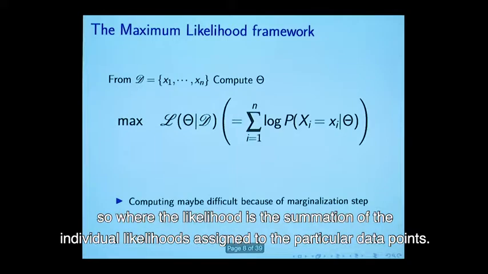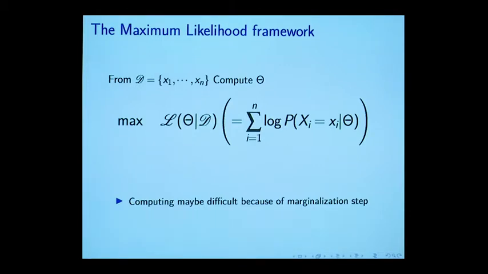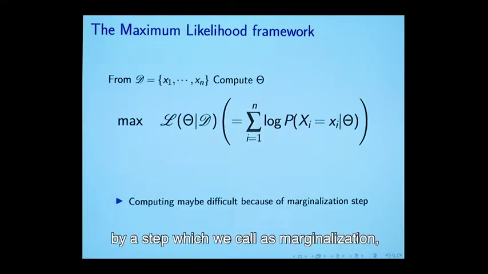The likelihood is the summation of the individual likelihoods assigned to particular data points, the n data points. So this is the famous log likelihood formula here. Now the challenge here is, because this likelihood is not directly given but needs to be computed by a step which we call marginalization.